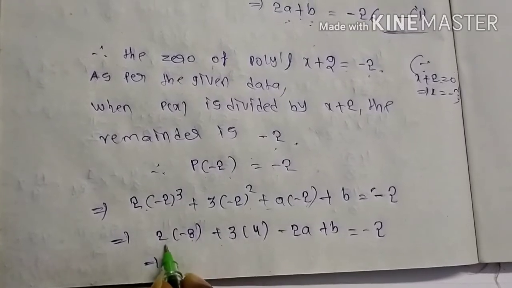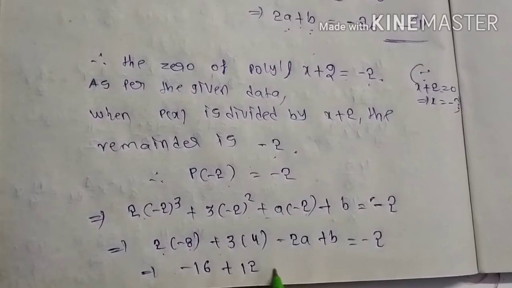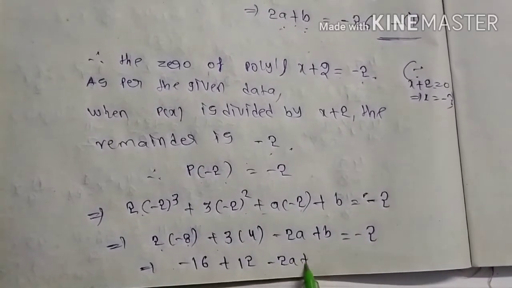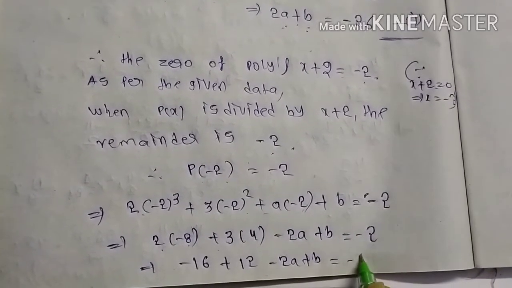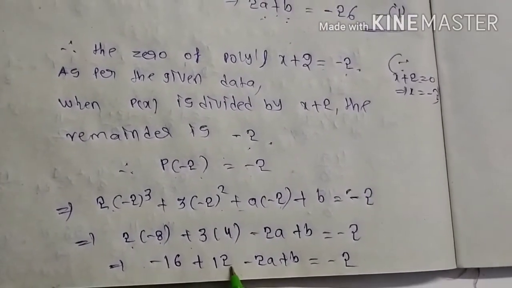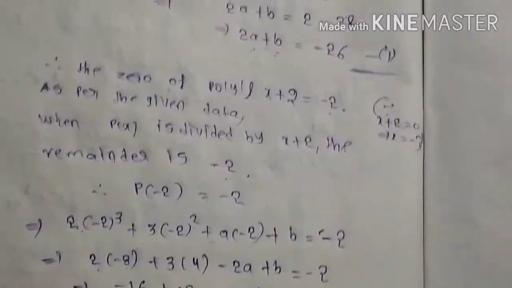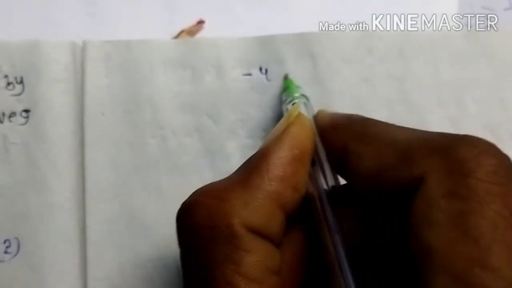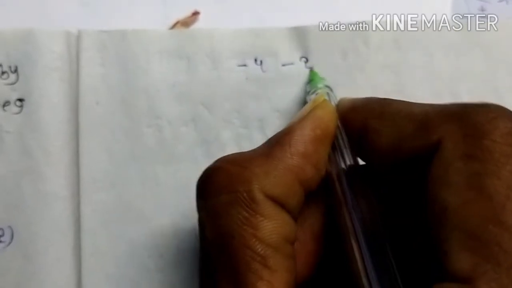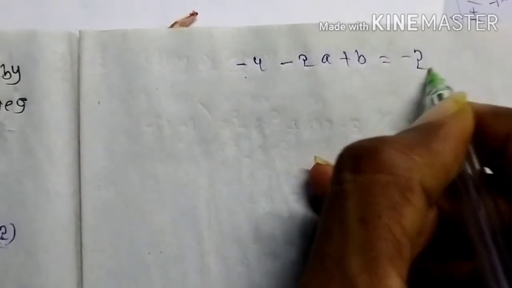Now you can see here, minus 8 into 2 is minus 16, plus 3 into 4 is 12, minus 2a plus b is equal to minus 2. Minus 16 plus 12 is how much? Will you get minus 4 or not? Yes or no? You can write here, minus 4 minus 2a plus b is equal to minus 2.